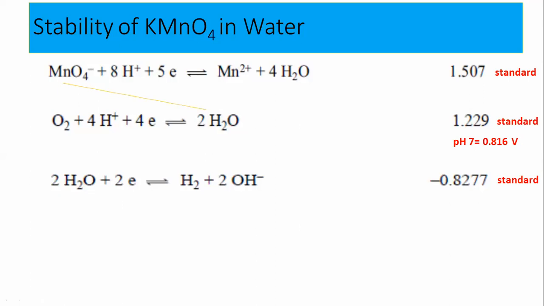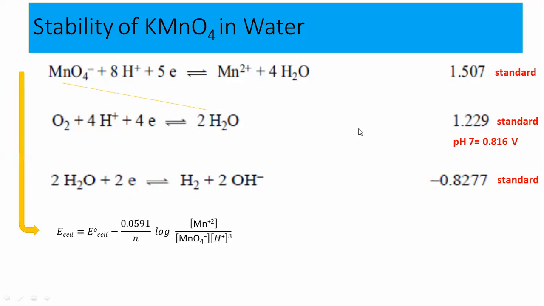Because the reduction potential of water is more. Sorry, it is 1.5 and this is 1.2. Okay, sorry, it is 1.5 minus this, you get a positive value, so it will be spontaneous. Of course, it would be spontaneous.